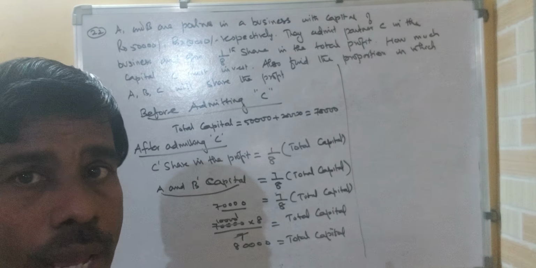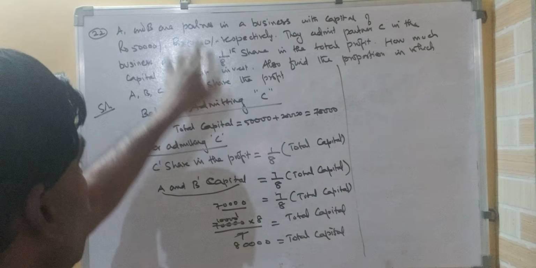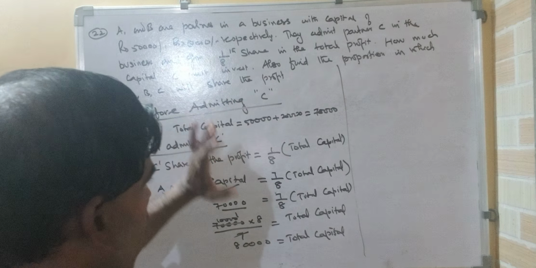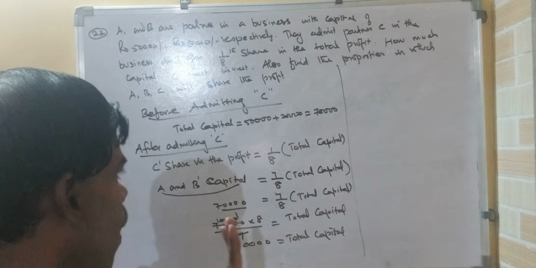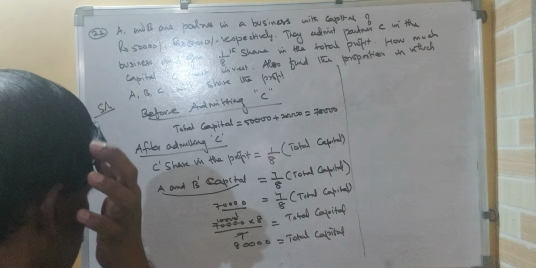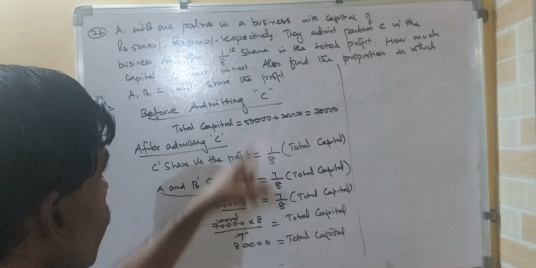Now listen how I got it. See, A brought 50,000, B brought 20,000, that is 70,000. A and B's capital together is 70,000, but that capital is 7 upon 8 of the total capital, right?